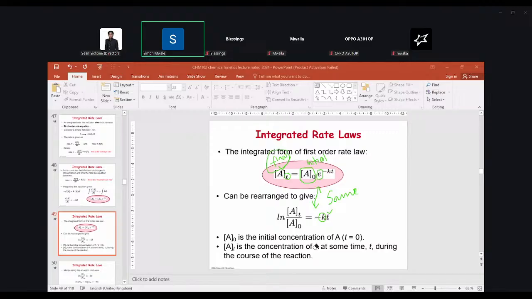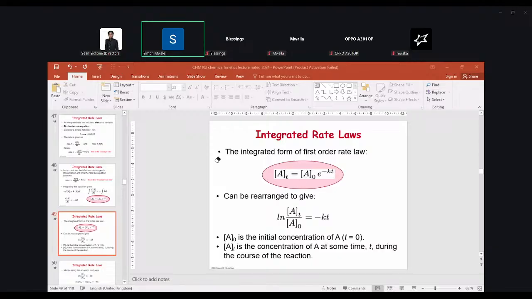Then At is the concentration of A at some time t during the reaction. This is how the integrated rate law is used. It is used for calculating the amount of time needed for a particular reactant to decrease to a certain amount, or you can calculate how much A will remain after a certain amount of time.